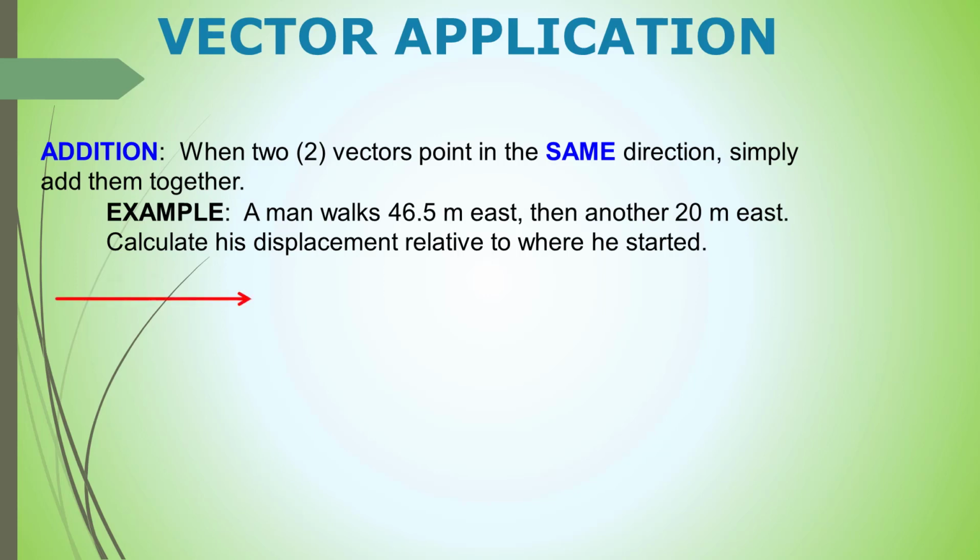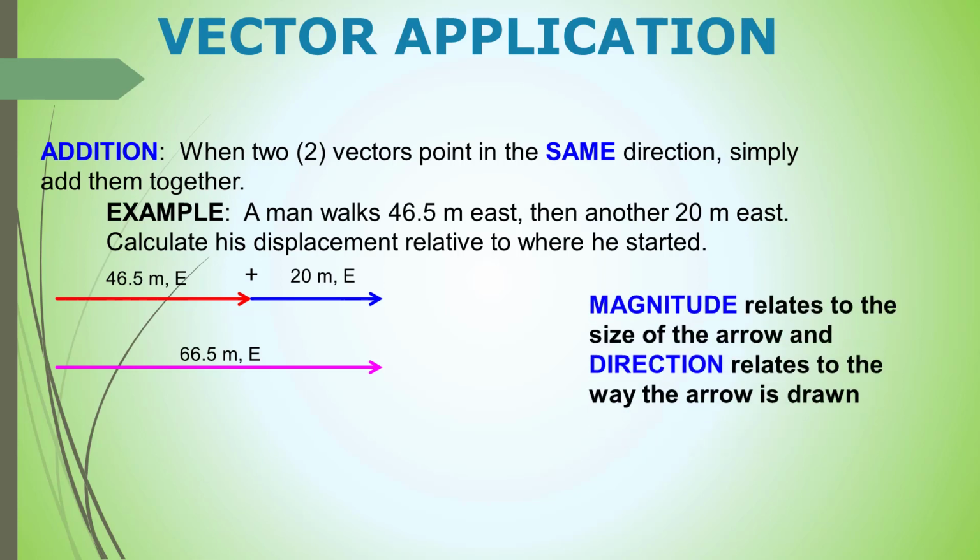He is traveling along the same direction, so the resultant is simply found by adding these two vectors. We get this resultant, which is 66.5 meters east. This is the resultant vector.